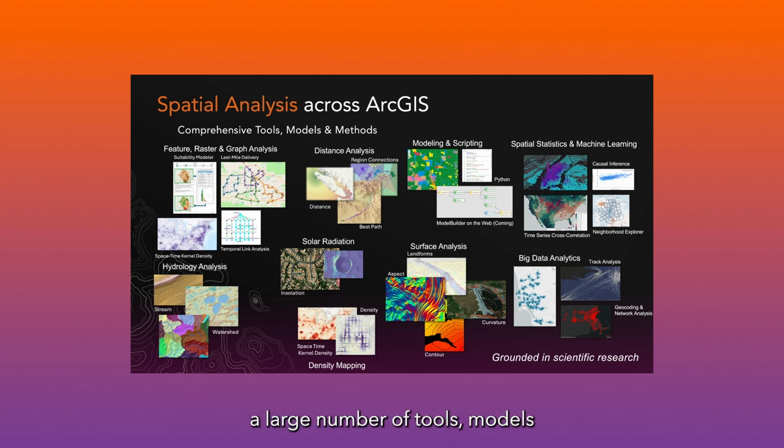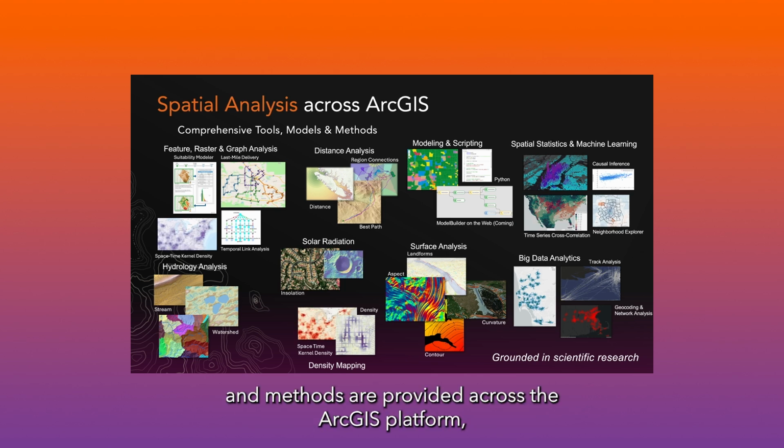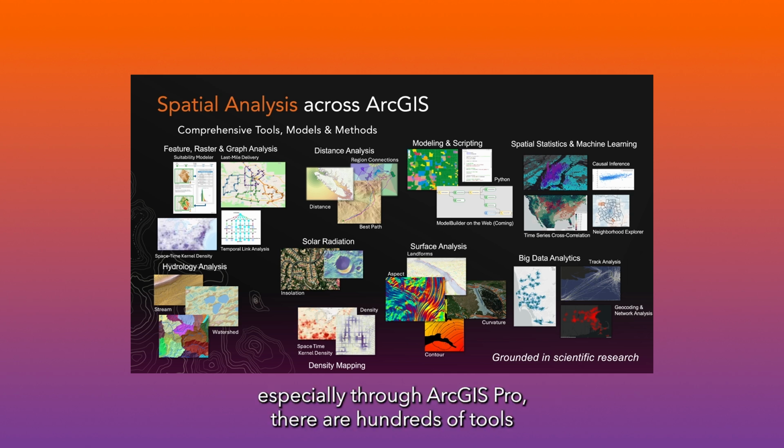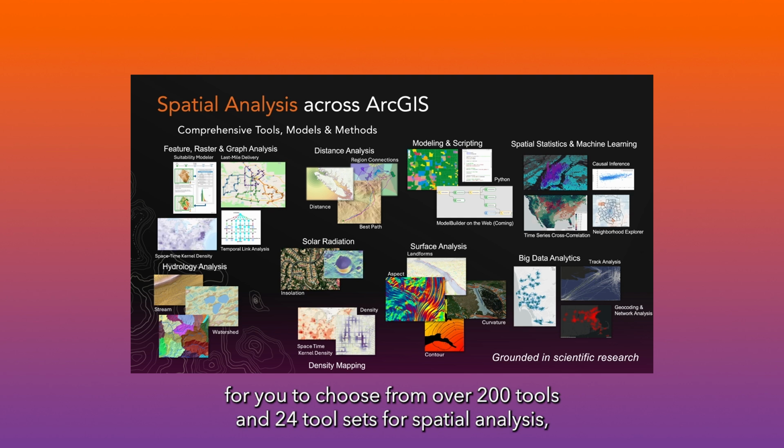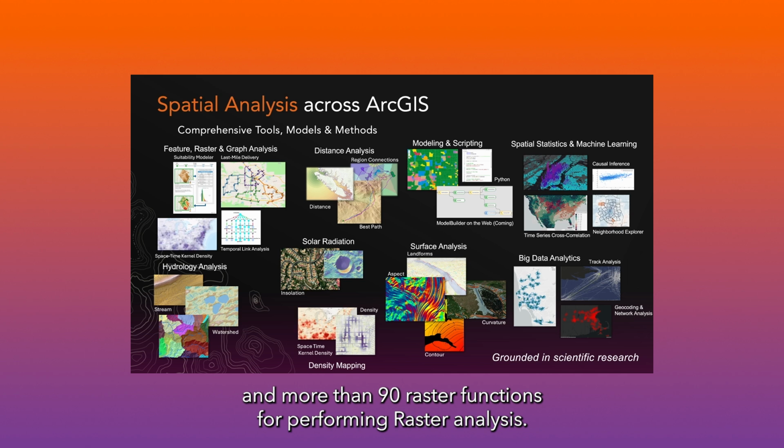A large number of tools, models, and methods are provided across the ArcGIS platform, especially through ArcGIS Pro. There are hundreds of tools for you to choose from, over 200 tools in 24 toolsets for spatial analysis, and more than 90 raster functions for performing raster analysis.